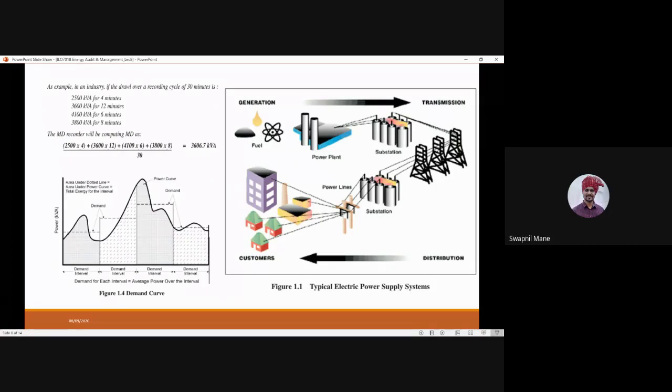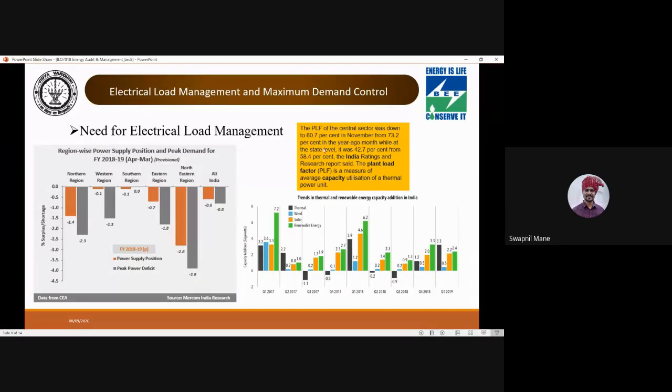Moving further, you have seen how the demand curve is there, and what is the meaning of maximum demand, and so on. But what is the need for electrical load management? You see here, there is a region-wise power supply position and peak demand for the financial year 2018-19.